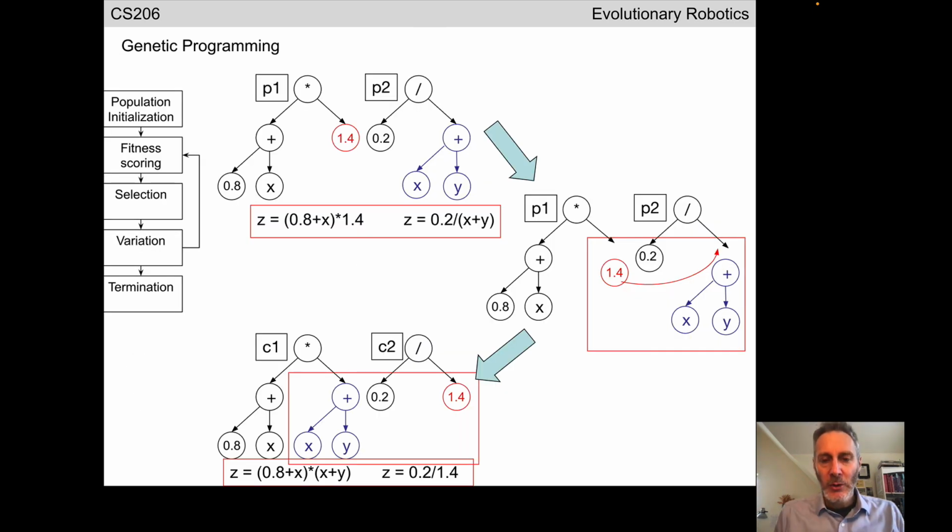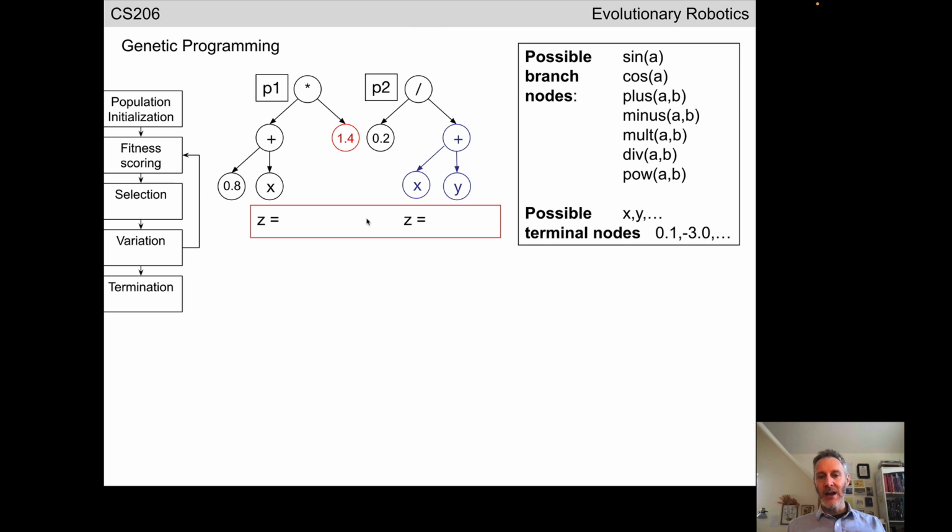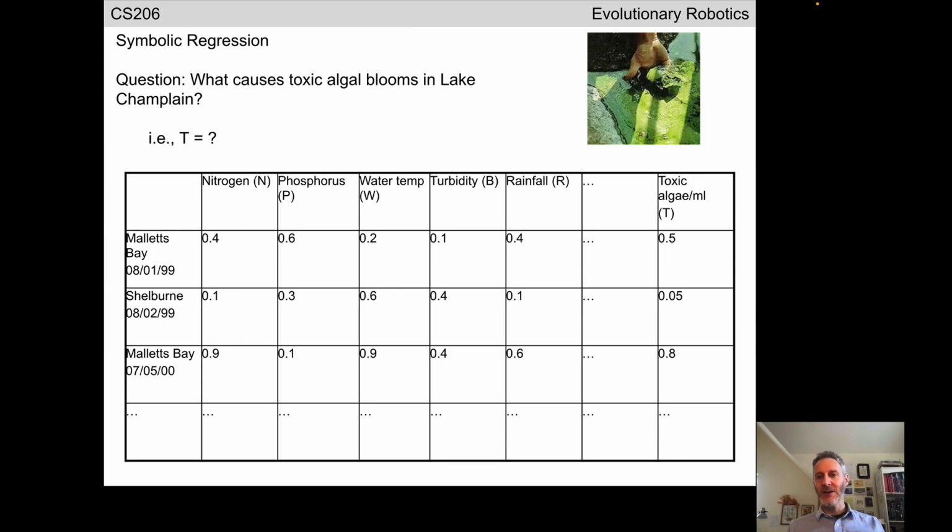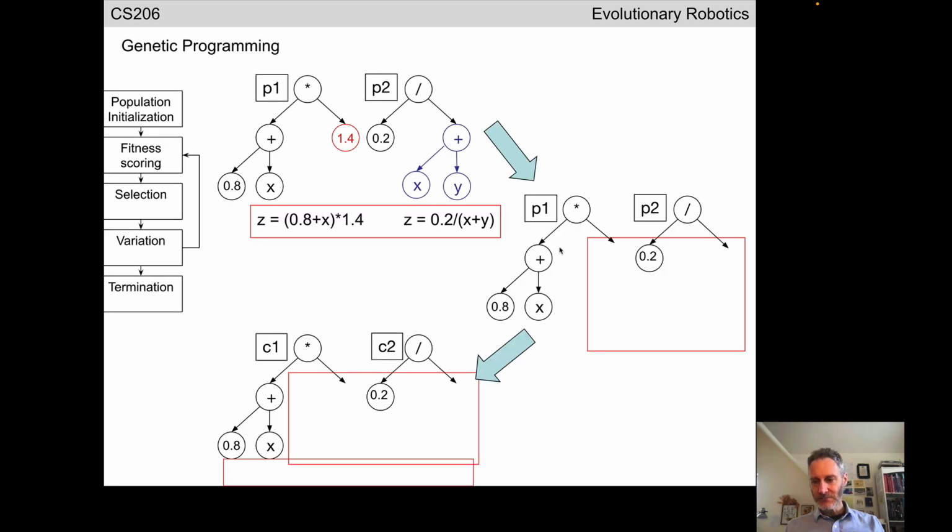Okay, you can imagine continuing this process. We have a population of these trees. We delete some of the trees and make randomly modified copies, or we combine material from different trees to try and evolve equations that better and better predict T from these variables by combining these variables in different ways.